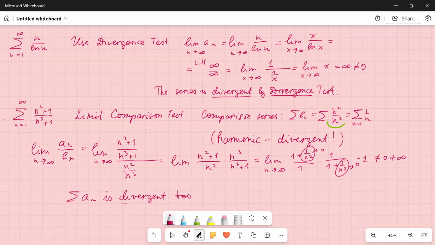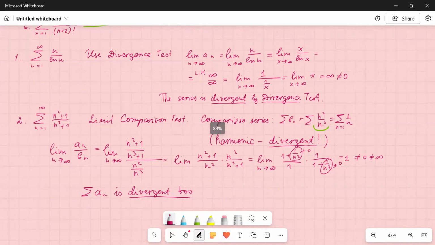When you write down divergent too, it's supposed to match what you say here. It's supposed to match this divergent, because I see students writing down in tests: the series is convergent and then it's divergent too. Or the series is divergent, it's convergent too. Well, you know that this divergent and this divergent must match each other because they are supposed to be either divergent or convergent both. Okay, good.